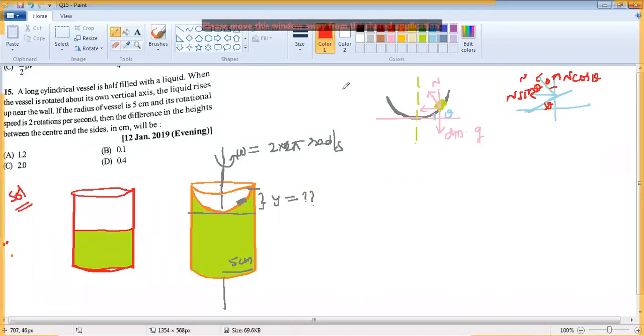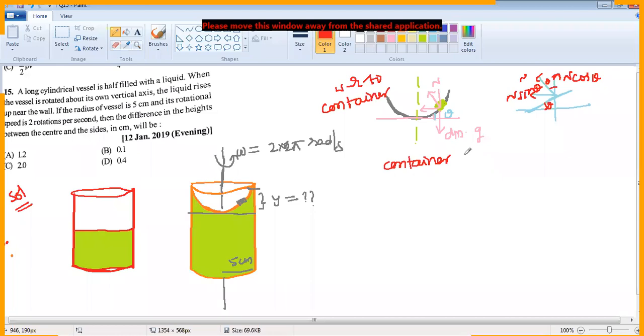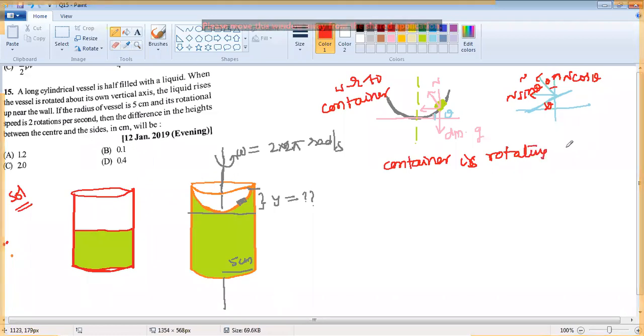With respect to the container, because the container is rotating, it is a non-inertial frame.